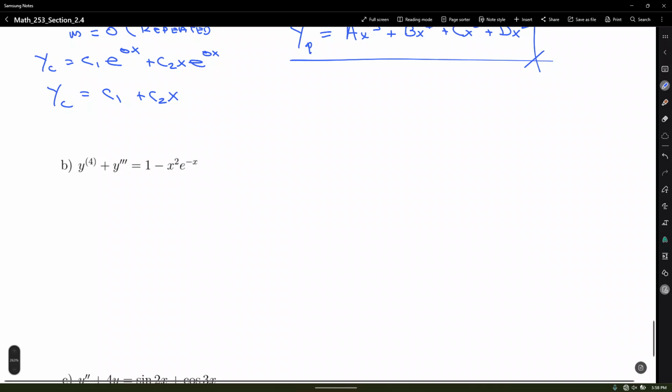Okay, well, let's solve this homogeneous equation. So that means m to the fourth plus m cubed equals 0. Well, we can solve this polynomial by factoring: m cubed times m plus 1 equals 0. And over here, be careful. This is m equals 0 repeated 3 times.